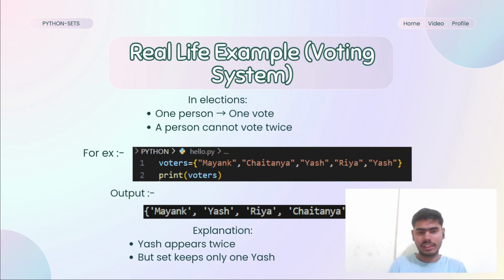I have taken a set called voters, equal to curly brackets, and the elements are Mayank, Chaitanya, Yash, Riya, and Yash, and then we printed the voters list. In the output, we can see Mayank, Yash, Riya, and Chaitanya. Yash has voted two times, but in the output it appears only once. It has not been repeated. So this is the use of set.